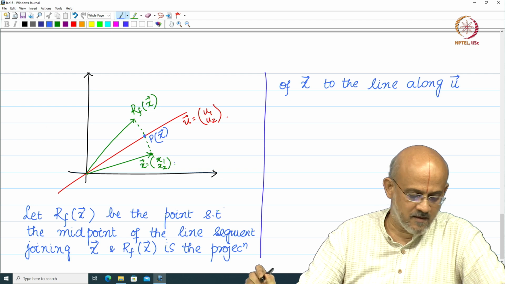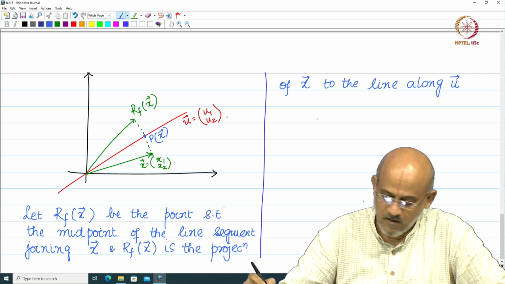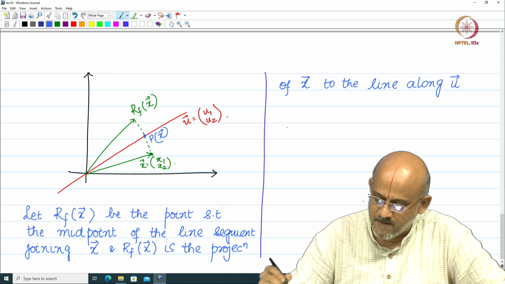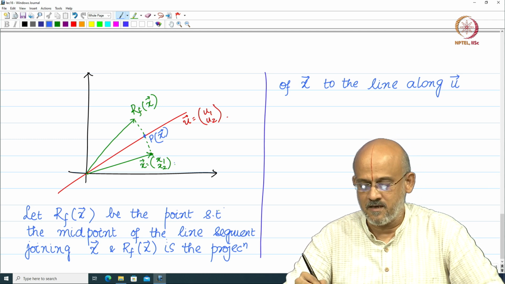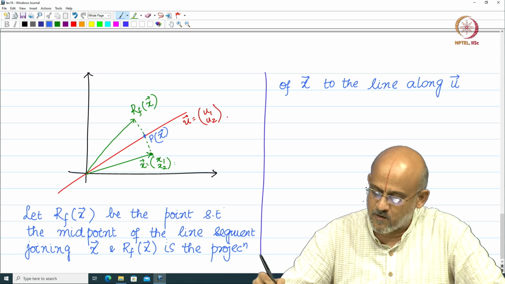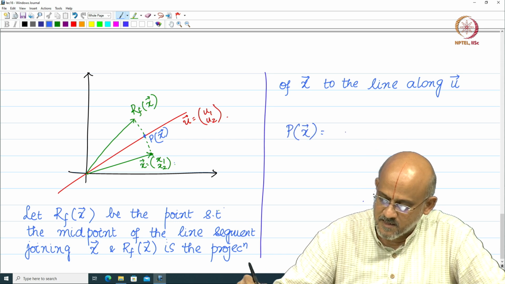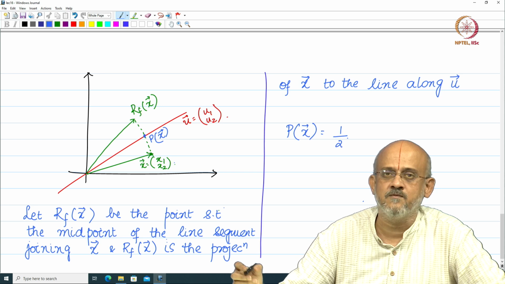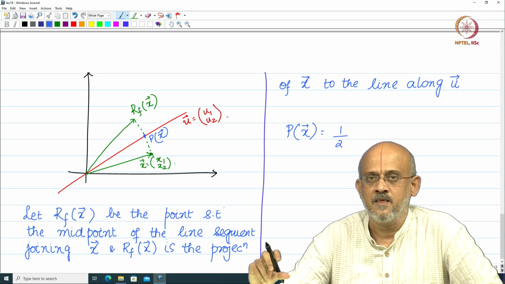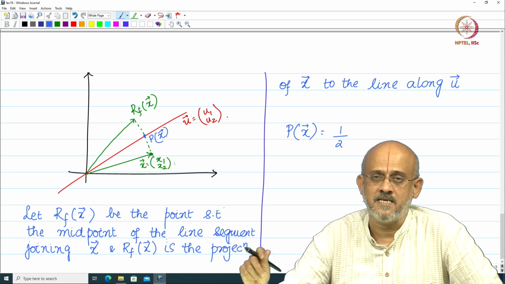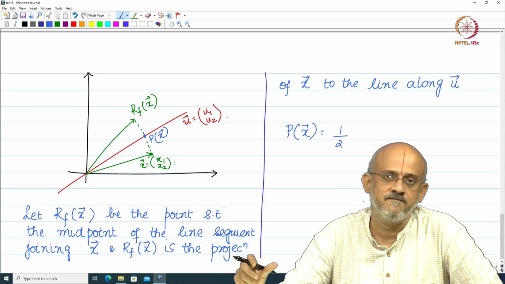Yeah. Now, what does it say? The point p of x is basically the midpoint of the line segment joining the vector x with RF of x. So, I am going to write p of x is equal to half of x plus RF of x. You recollect we did this in 2D when we looked at the barycentric combination and the convex combination of points.